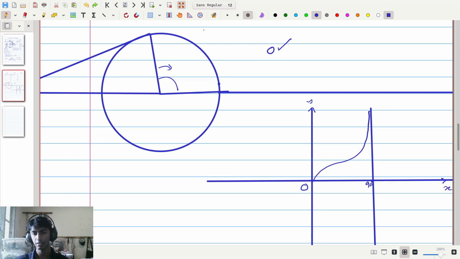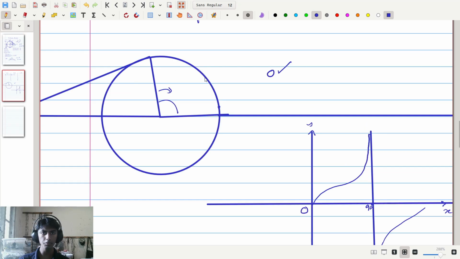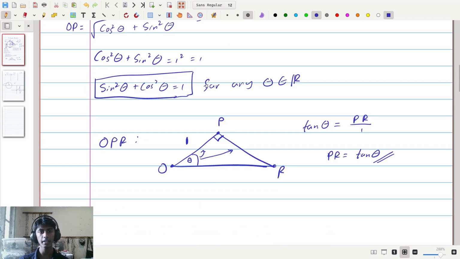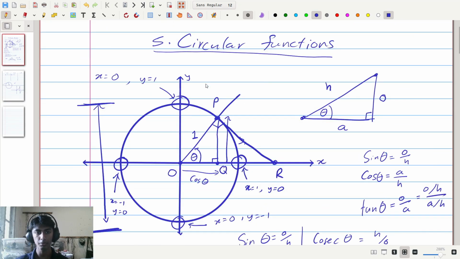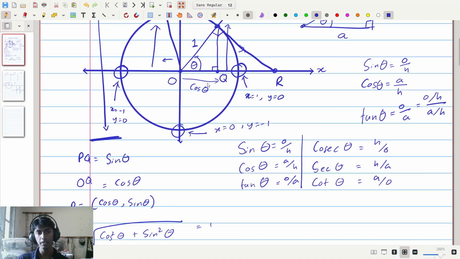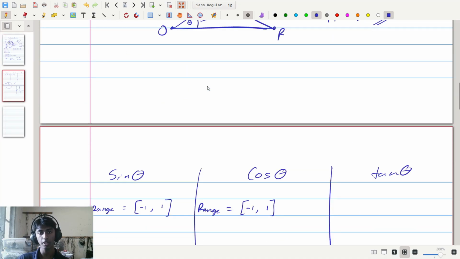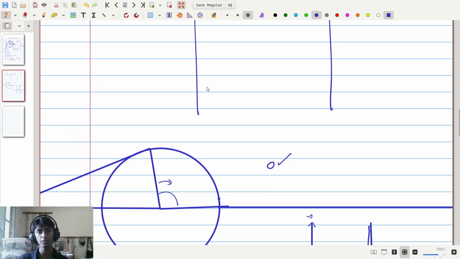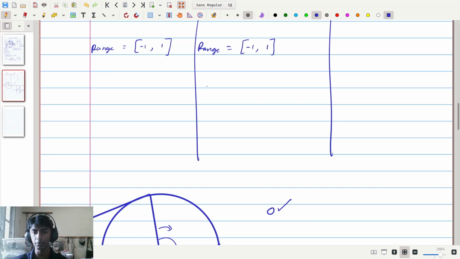On the other side, you would actually see a line coming from negative infinity upward like this and going like this. And the reason for that is, for angles greater than 90 degrees like this, if I just draw on this diagram, the x-coordinate of this point is negative, but the y-coordinate is positive. So that means we have a sine theta which is positive, but a cosine theta which is negative.